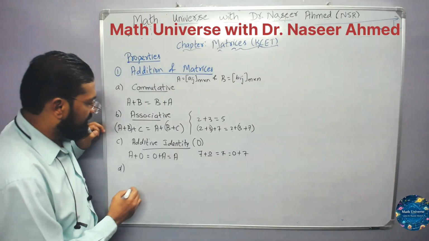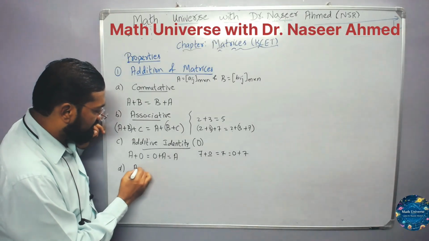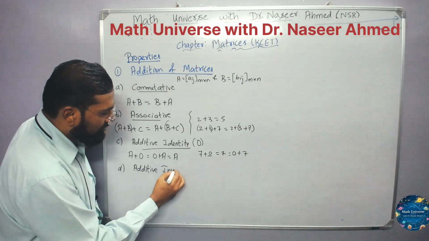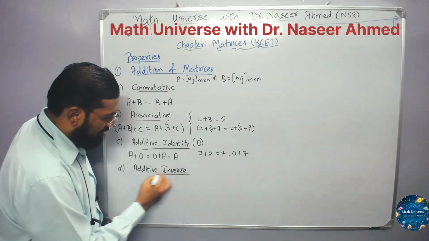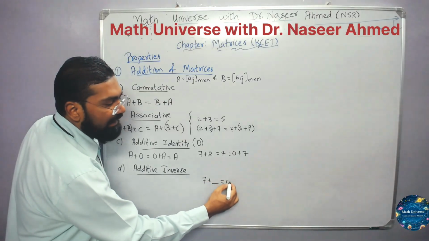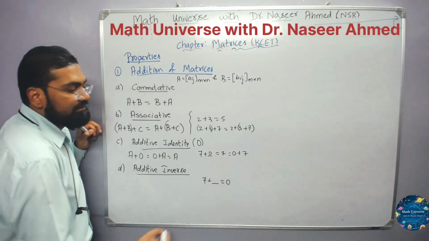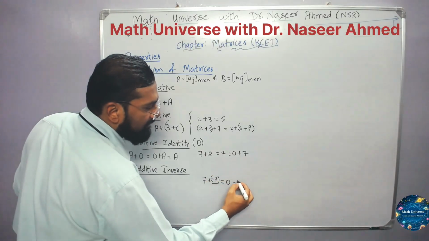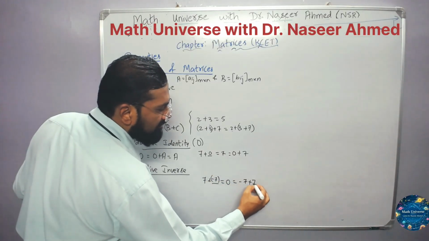After additive identity, additive inverse. Additive inverse means if I've got a number 7, which number should I add to get back the additive identity 0? That is minus 7. Similarly, minus 7 plus 7 will be again 0.